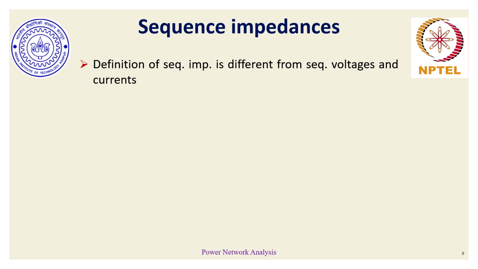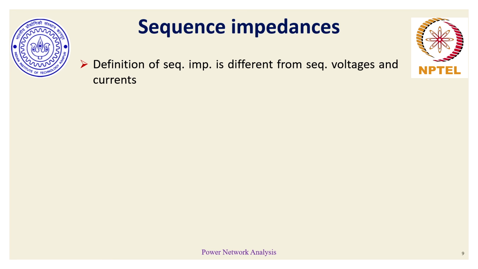Coming to impedances, the notion is a bit different. For a given positive sequence circuit, if there exists a positive sequence voltage leading to some positive sequence current, then the corresponding impedance offered to the flow of this positive sequence current in the positive sequence circuit would be called the positive sequence impedance.